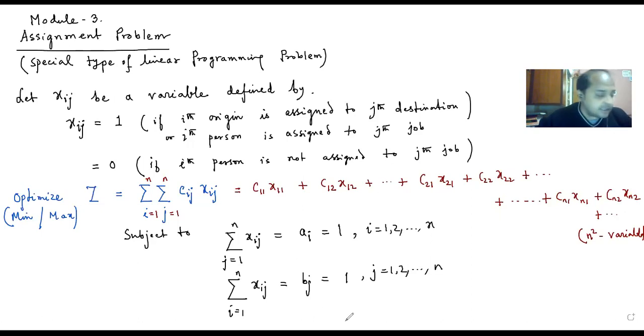And one extra constraint is there: summation i goes from 1 to n of ai, and summation j goes from 1 to n of bj. This must be equal to n. So this is the mathematical model on which the assignment problem is based.